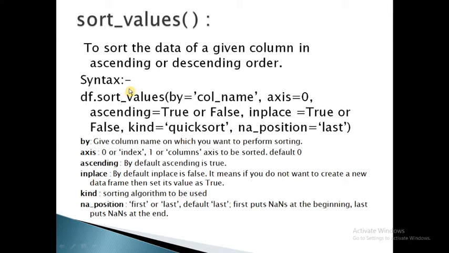So in the syntax, first of all, what is df? It is the data frame. df.sort_values, this is the method name, followed by round brackets, and in that bracket we have many parameters like by, axis, ascending, inplace, kind, na_position. These are all parameters that you can use, but by is compulsory because you want to give a column name according to which you want to sort.